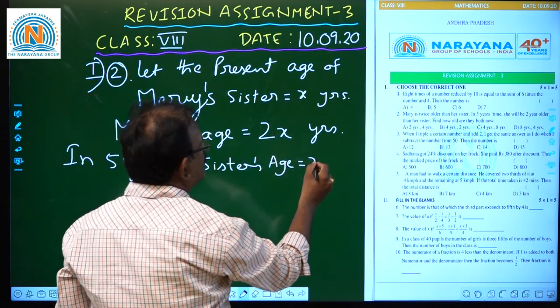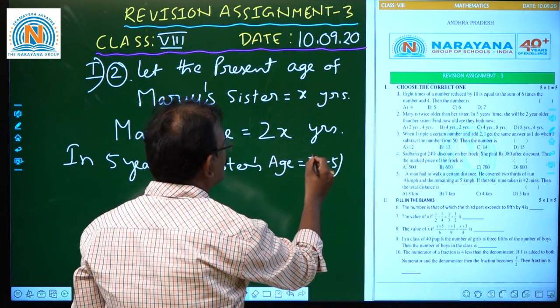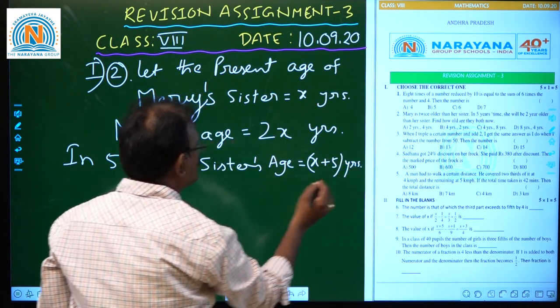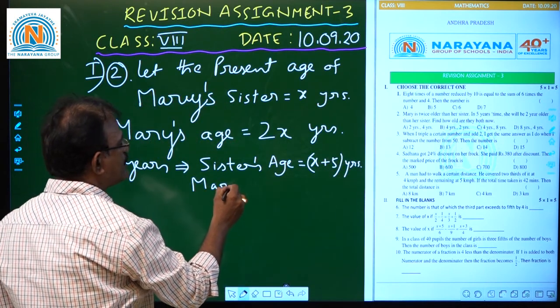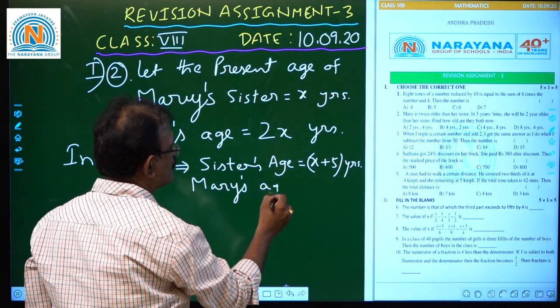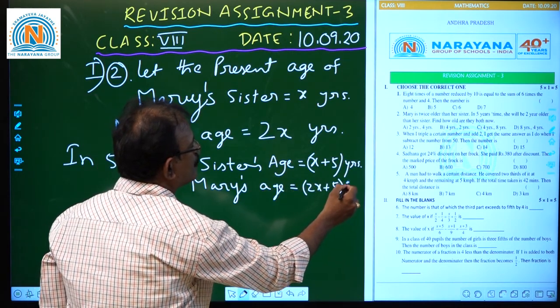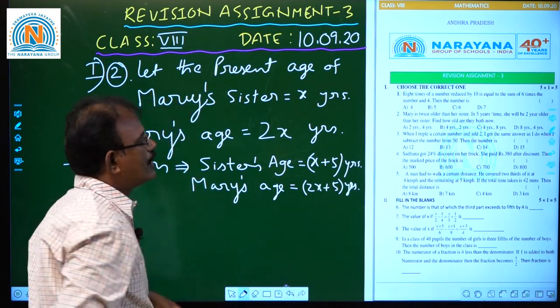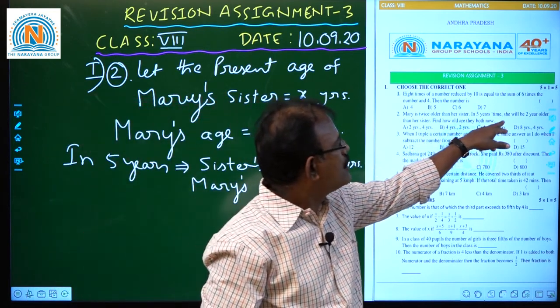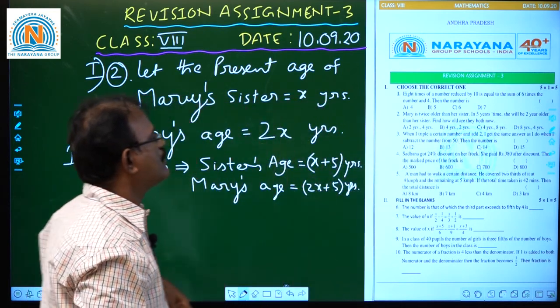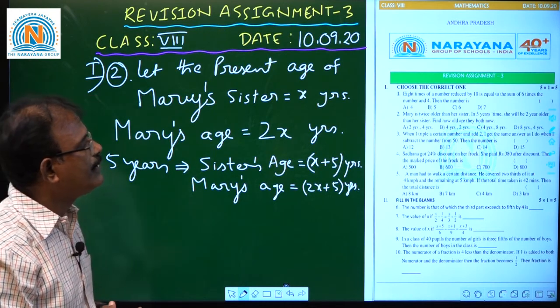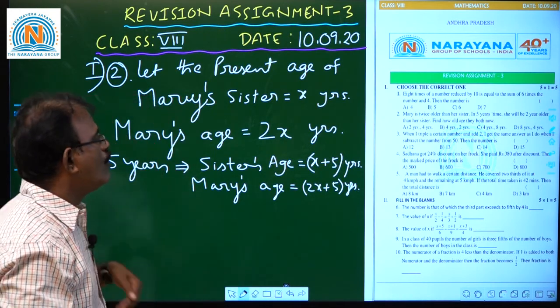Present x, in 5 years x plus 5. And Mary's age, present 2x, in 5 years 2x plus 5. So what is the relation? In 5 years she will be 2 years older than her sister.